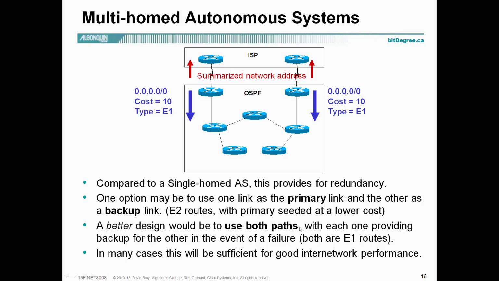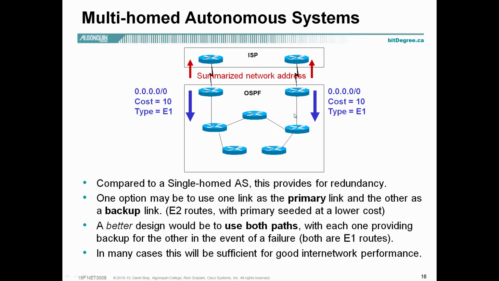I'm assuming here you don't have the situation where you have a primary path and your secondary path is costing you money only when you use it. So not that situation. Okay, so if you do this, then what you could do to use both paths is to bring both in as E1. And that way, whichever router has the shortest path or lowest cost to that exit point will use that exit point.